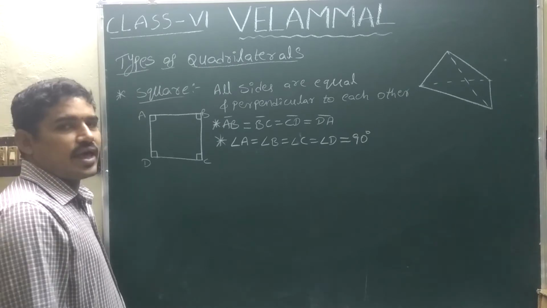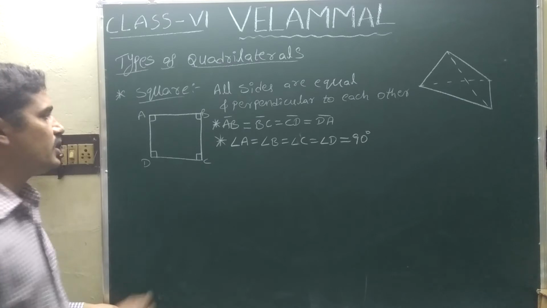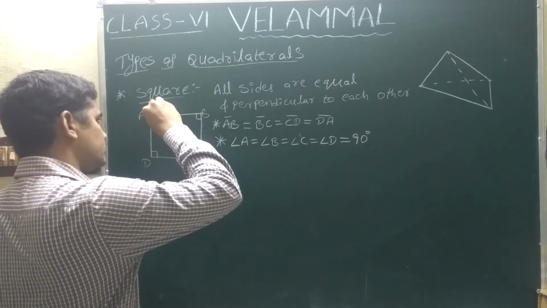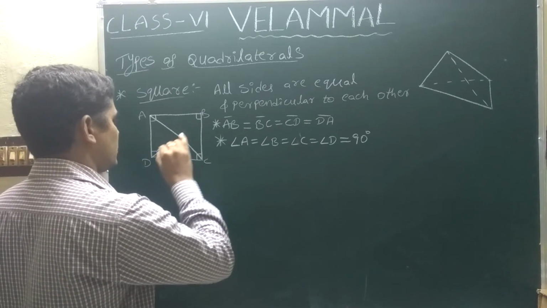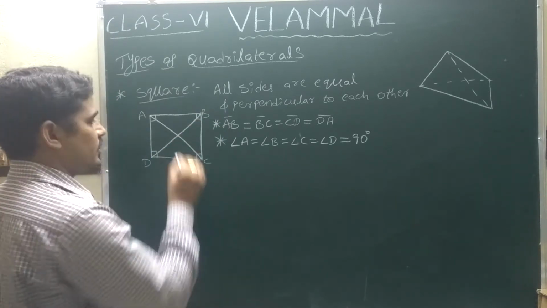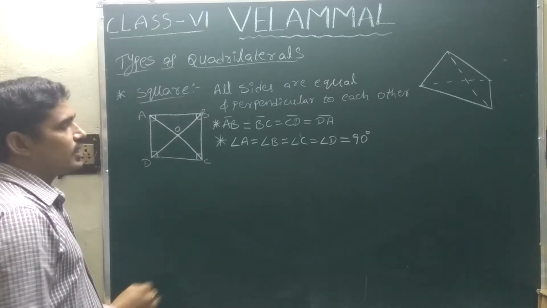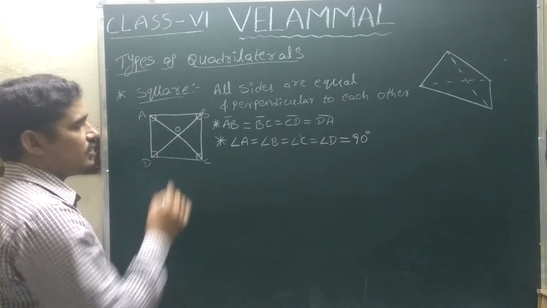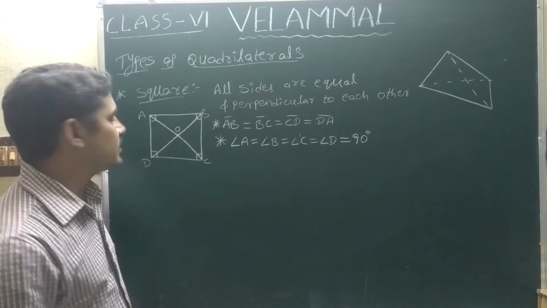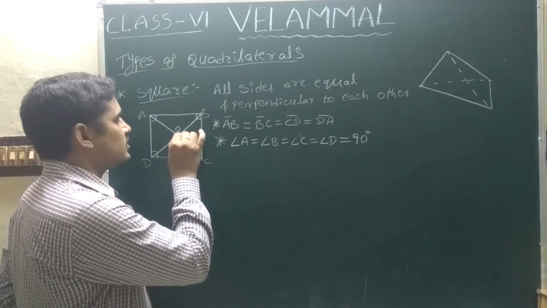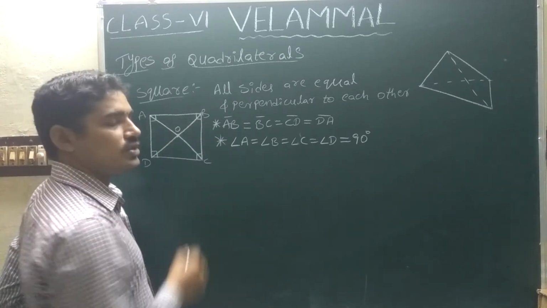Next, coming to the diagonals. It is a very important property the square is having. If we draw the diagonals from A to C and B to D, and take the intersection as O, the diagonals will bisect each other. Bisect each other means O is the midpoint of both diagonals.